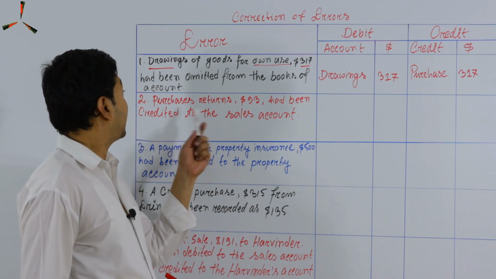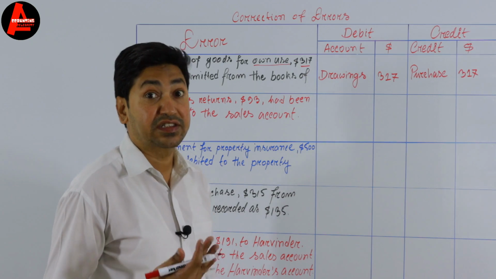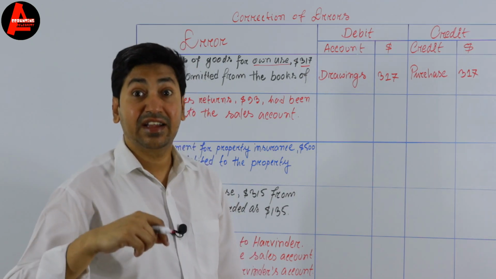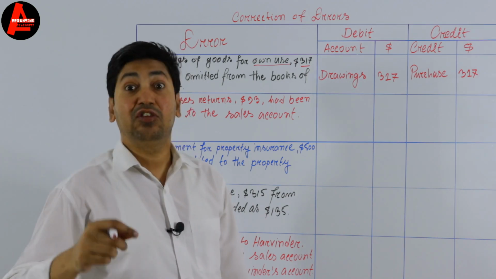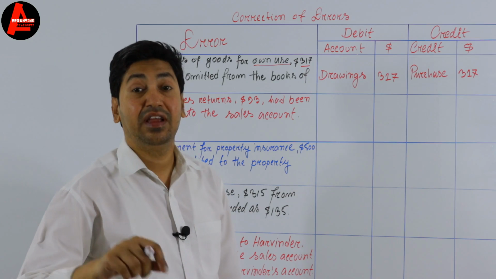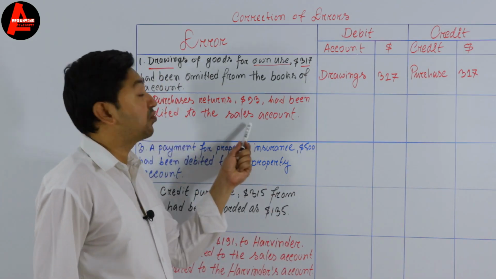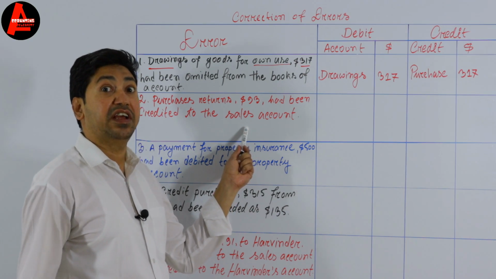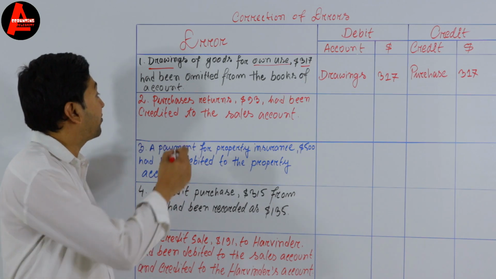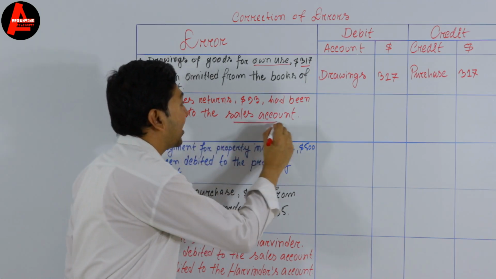When purchase returns have been credited to the sales account, in this case the revenue, the sales, is increased. When sales increased, it will be credited. When sales decrease, it will be debited. Here it was mistakenly credited to the sales account, that means sales was increased.